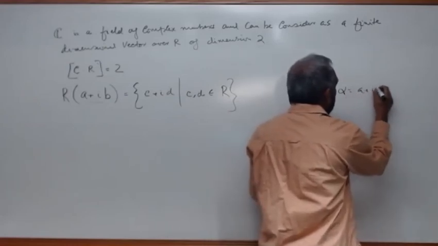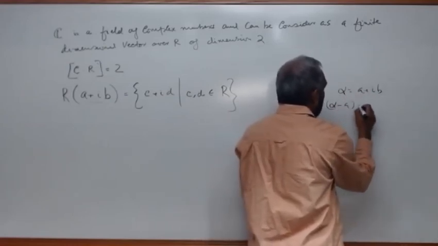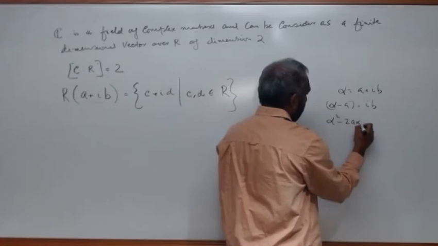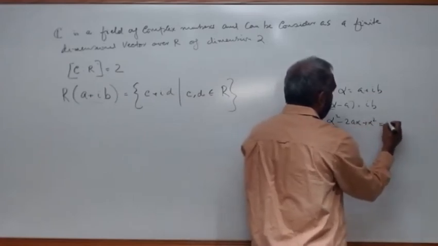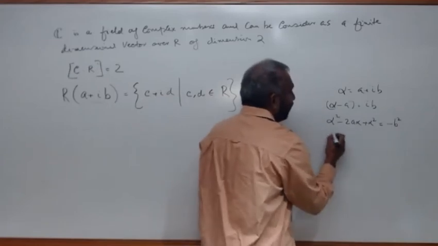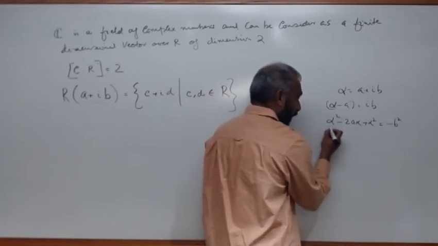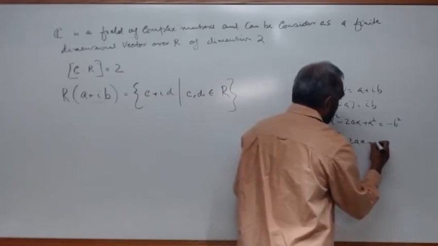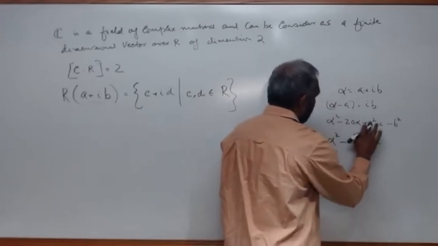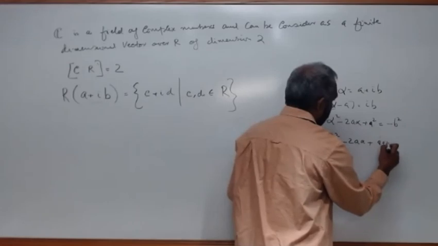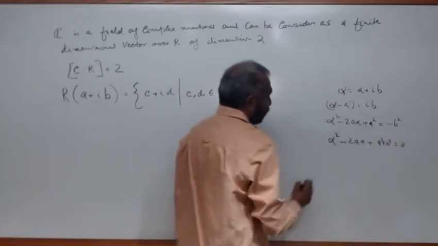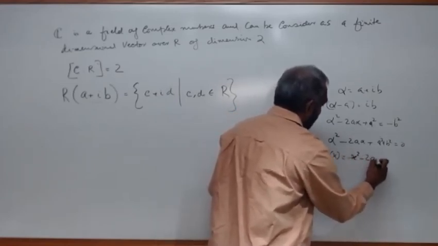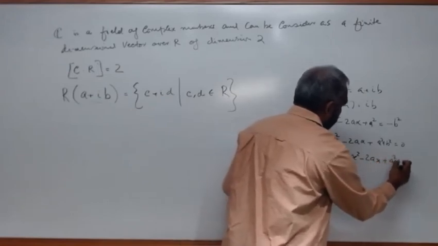Alpha is equal to a plus ib, alpha minus a is equal to ib, so alpha squared minus 2a alpha plus a squared is equal to minus b squared. So the irreducible polynomial is x squared minus 2ax plus a squared plus b squared.